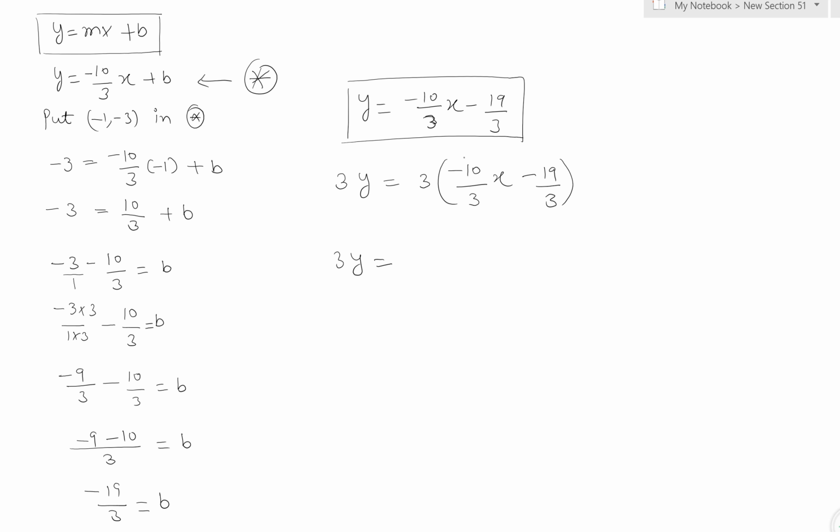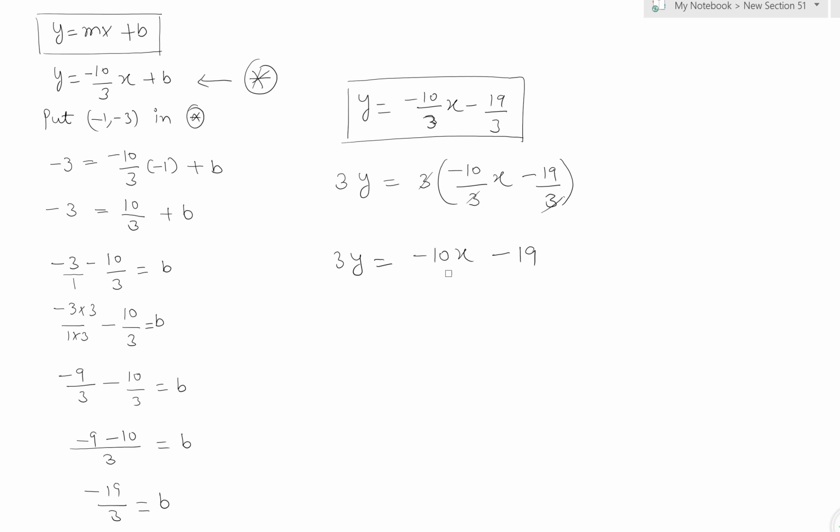So 3 times this fraction. 3 will cross the bottom part, negative 10x, and when you multiply this 3 with that fraction, the bottom part is going to cancel by this 3, and you get negative 19. Now in order to find the general form, you move all the things to the left hand side.